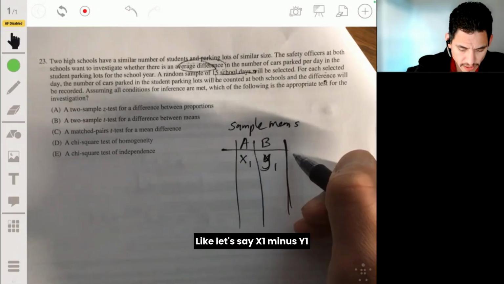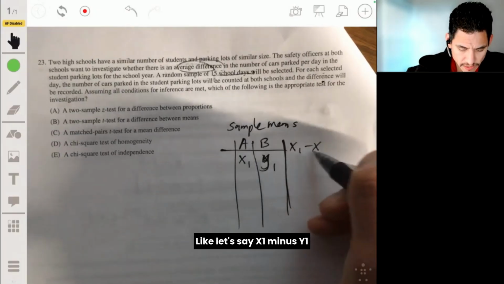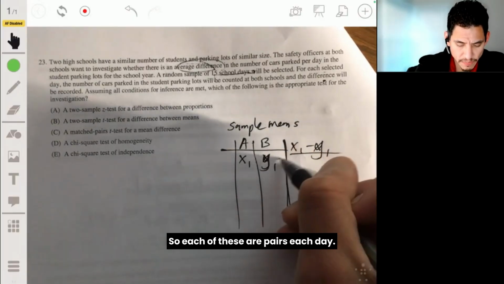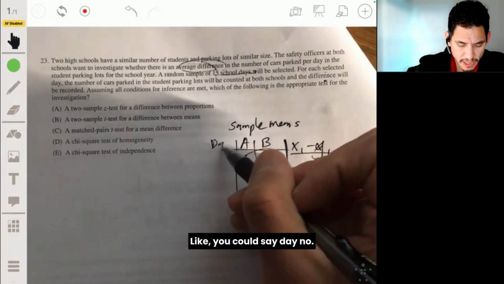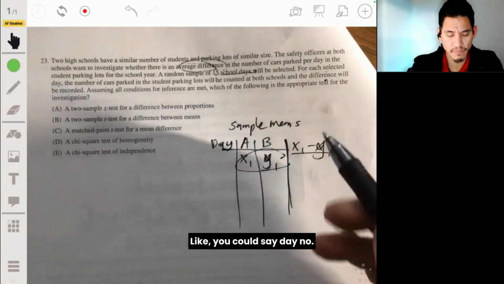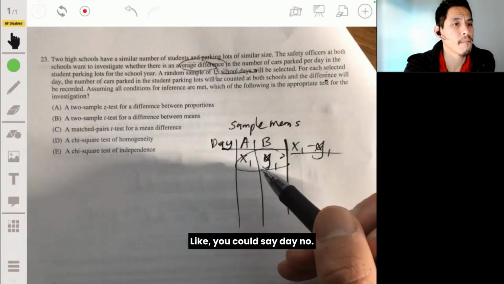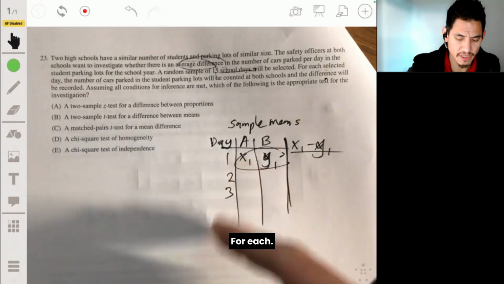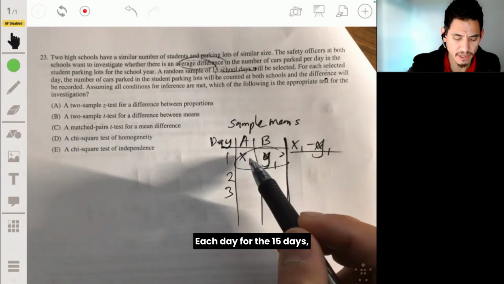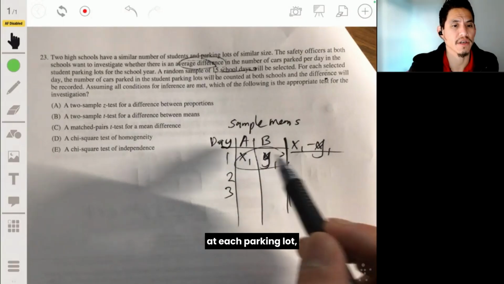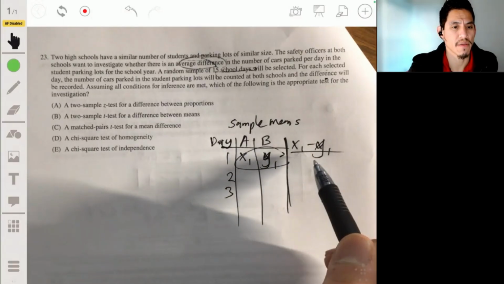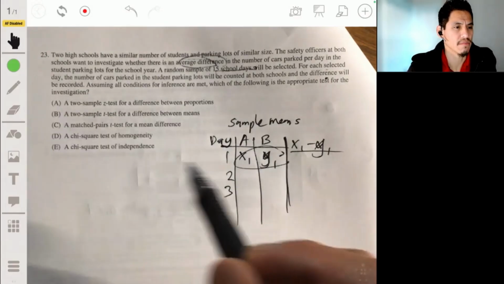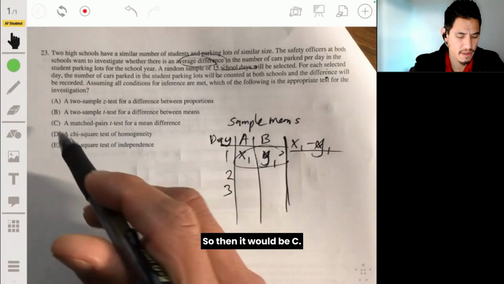Let's say x1 minus y1 or something like that. So each of these are pairs. Each day, you could say day 1, day 2, day 3. You collect for each day. For the 15 days, you're counting the number of cars at each parking lot, then comparing the differences. But these are the matched pairs. So then it would be C.